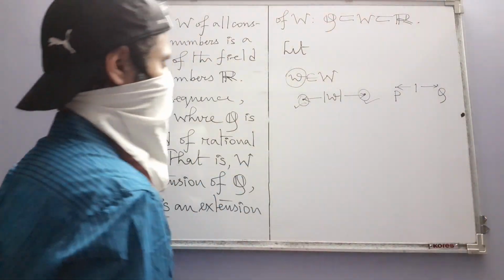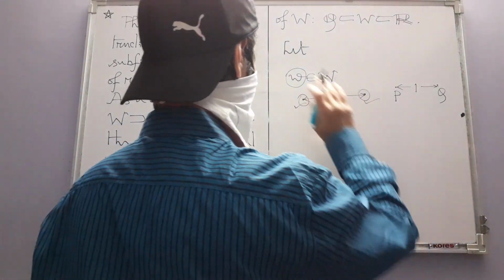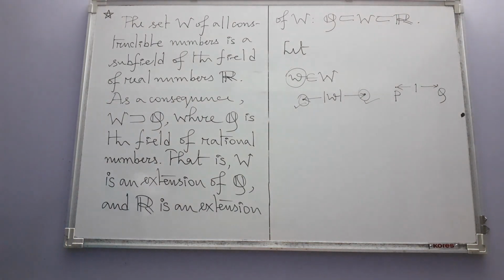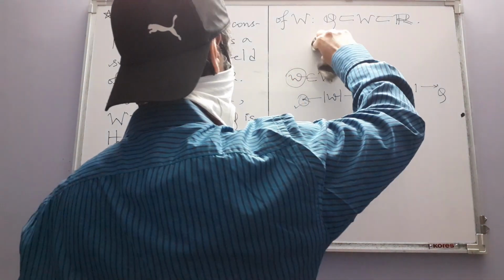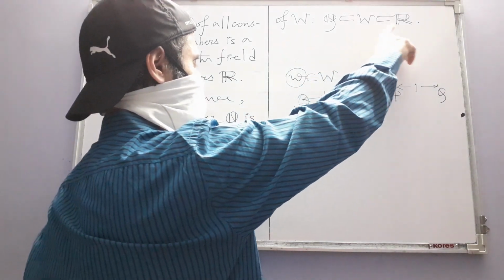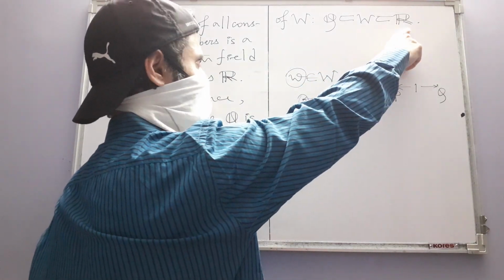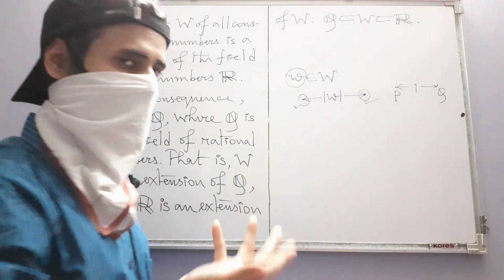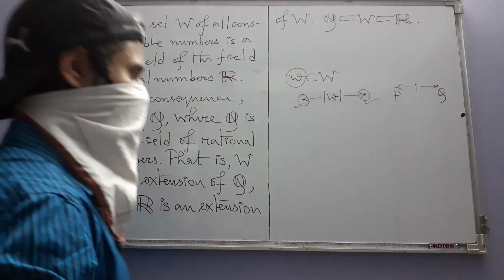So now in this next paragraph, we are going to consider a general subfield F of the field of real numbers, which of course would contain the field of rational numbers, like this.